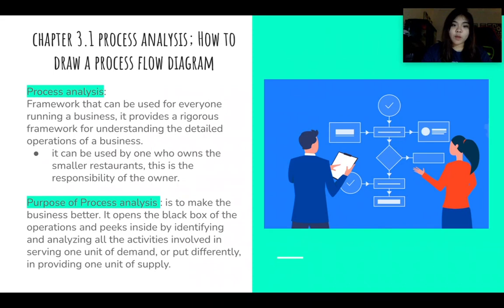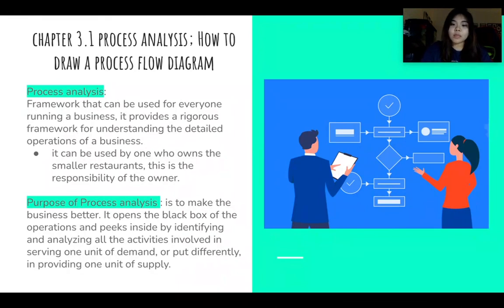It can be used by one who owns smaller restaurants, and this is the responsibility of the owner. The responsibility of the owner is to do a process analysis before they operate a business of their own. And the purpose of the process analysis is to make the business better. Everyone hopes their business will be great if they operate one, right?